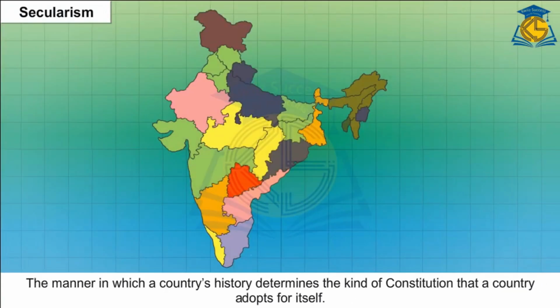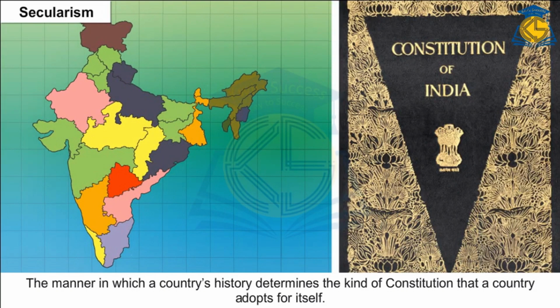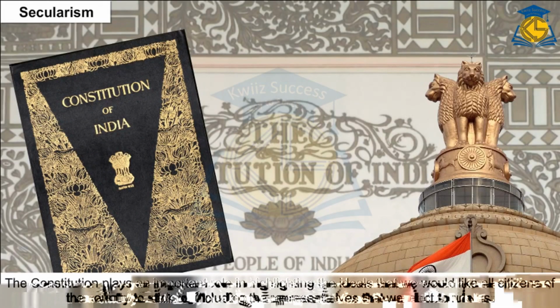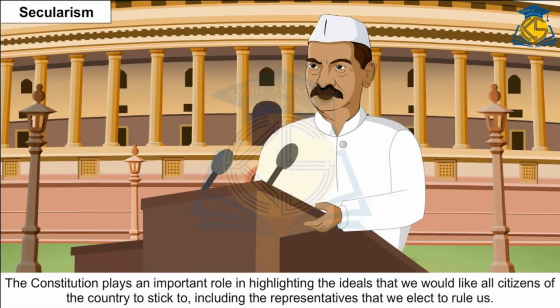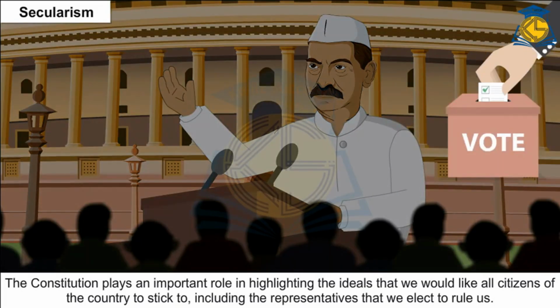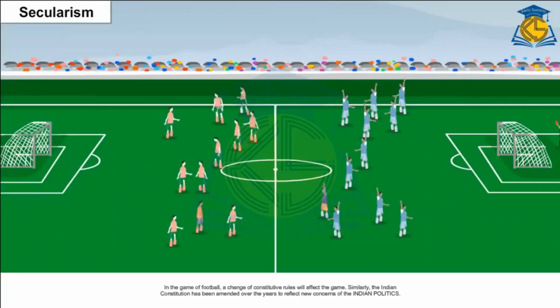The manner in which a country's history determines the kind of constitution that a country adopts for itself. The Constitution plays an important role in highlighting the ideals that we would like all citizens of the country to stick to, including the representatives that we elect to rule us.